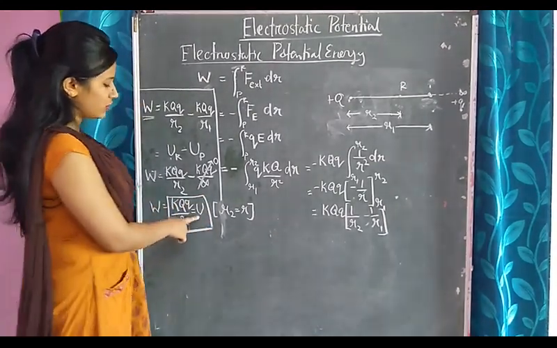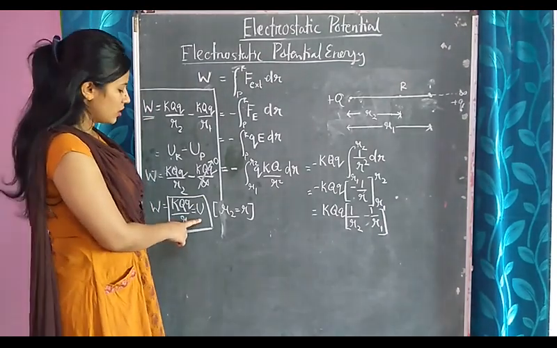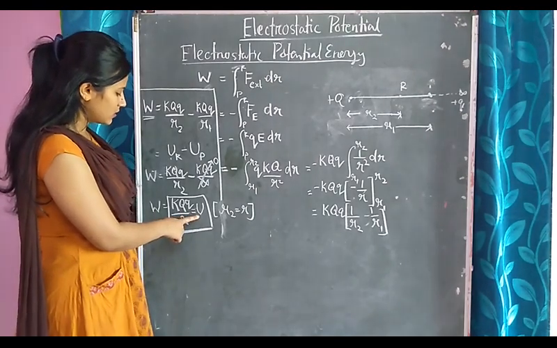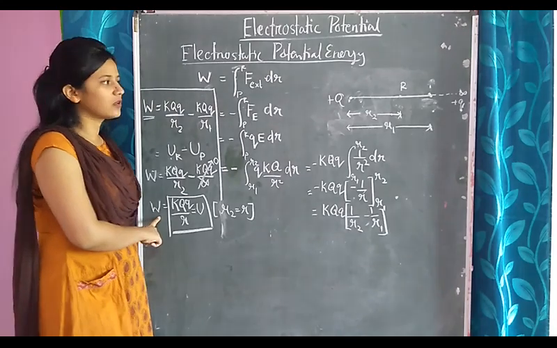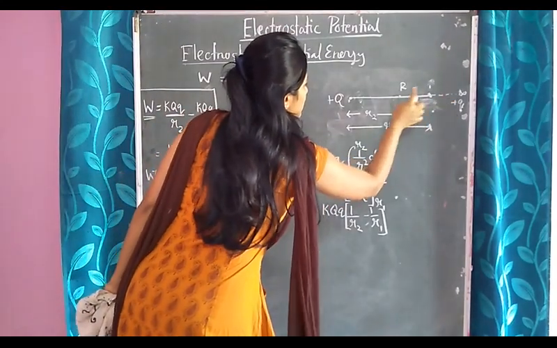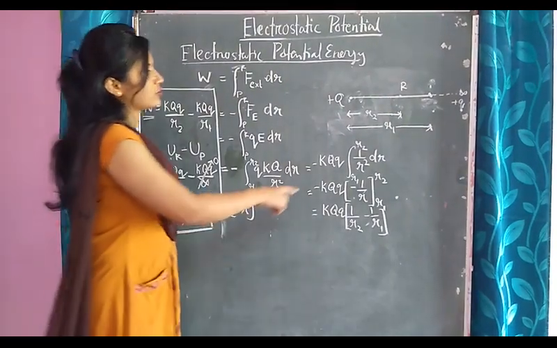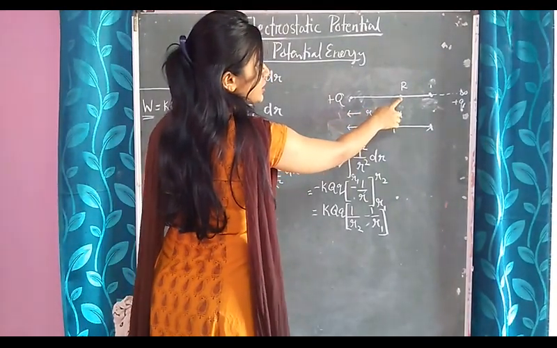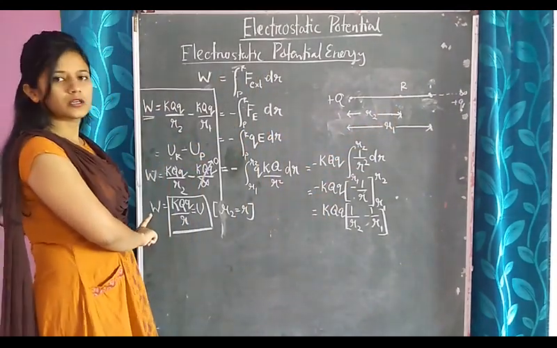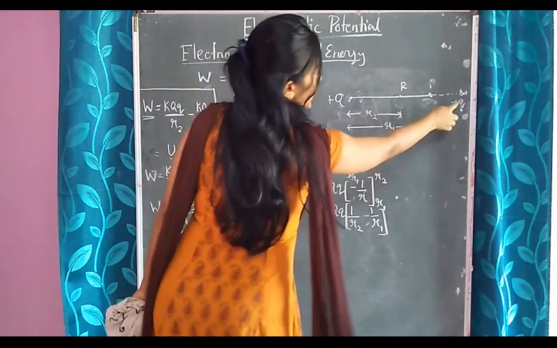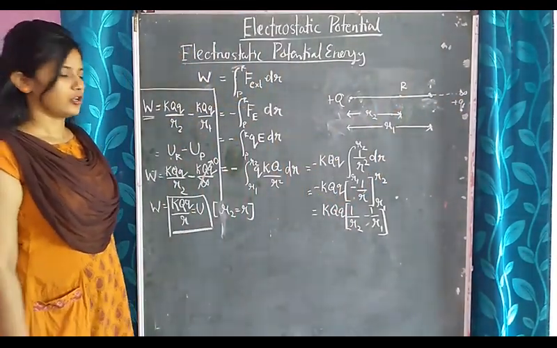So in order to define the electrostatic potential energy at a point, we will say that it is the work done in bringing the charged particle from infinity to that point. Again, electrostatic potential energy at a point is defined as the work done in bringing the charged particle from infinity to that point.